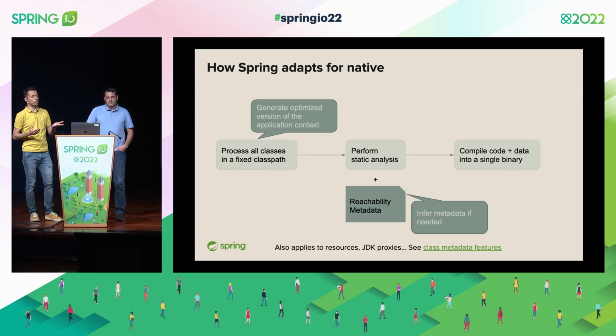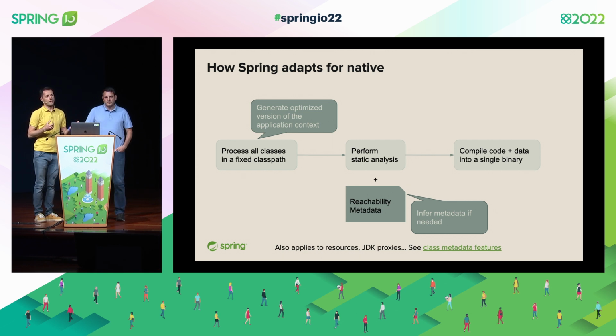On the other hand, we can contribute code that makes it obvious, or way easier, for the static analysis engine to figure things out without needing extra metadata. The advantage of that second option is that the static analysis is super powerful, and it can do tree shaking. If it realizes that some parts of the code base are not even used, it won't compile them, won't load them, and they won't be in the final image.